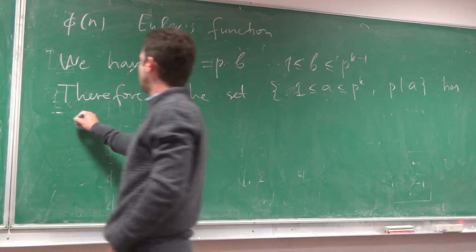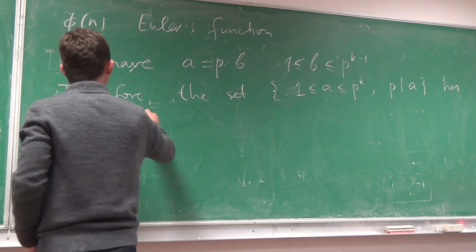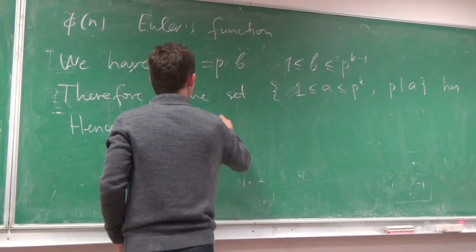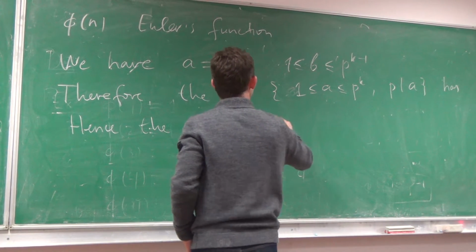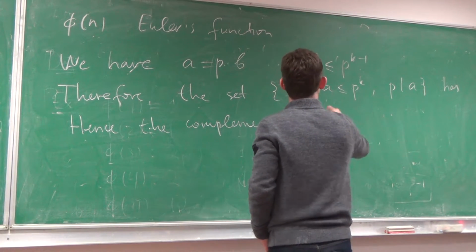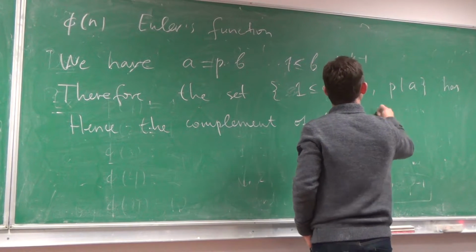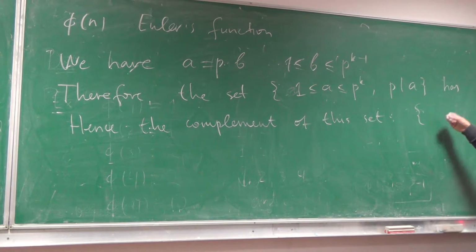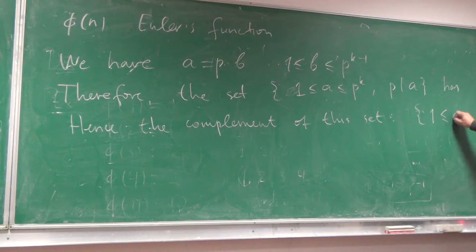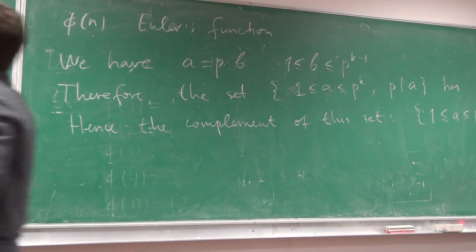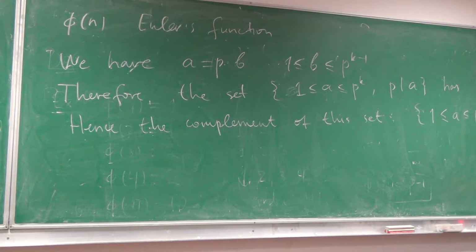And we are almost done. Hence the complement of this set, which is now the red ones, so P doesn't divide A, has, okay, now we need to compute. The total number is this minus the ones we don't want.